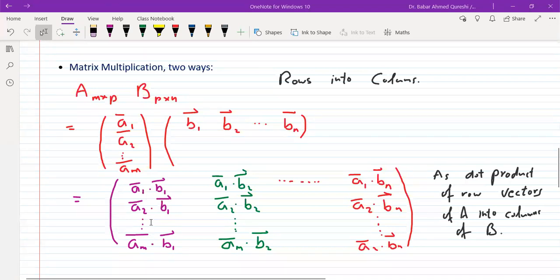So that gives you the first column. Then you do the same thing to the second column, B2, and so on, all the way until you reach the last column. So it is the dot product of row vectors of A into column vectors of B.